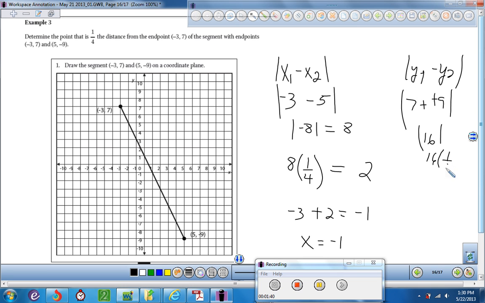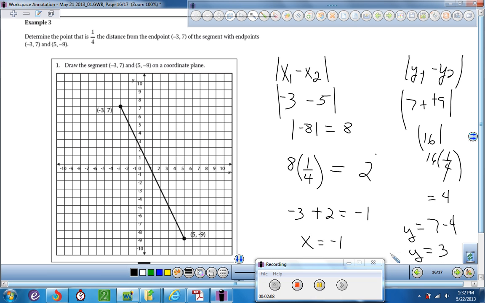And then we want to find out 1/4 of that. Here when we multiply 16 times 1/4, we end up with 4. Now, you notice that we're coming down in the y direction, so we'll end up subtracting. So our y value would be from the original 7 minus 4, and so y is equal to 3.